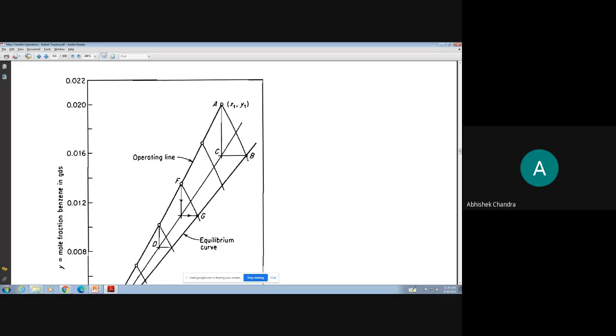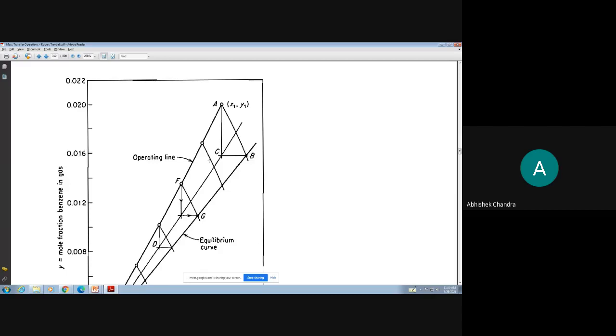Where this will cut the equilibrium curve, this point will tell us the composition of the interface, that is, this will give the yi. So y is this and yi is this. Similarly, you can take any value of y within this range.